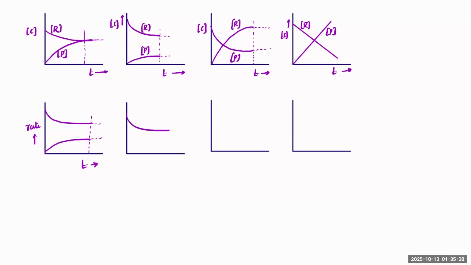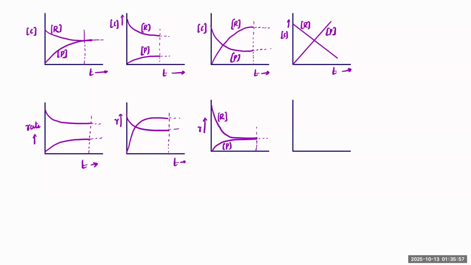And one more graph given is like this. Again, rate versus time. And the last one is like this. This is reactant concentration, product concentration.